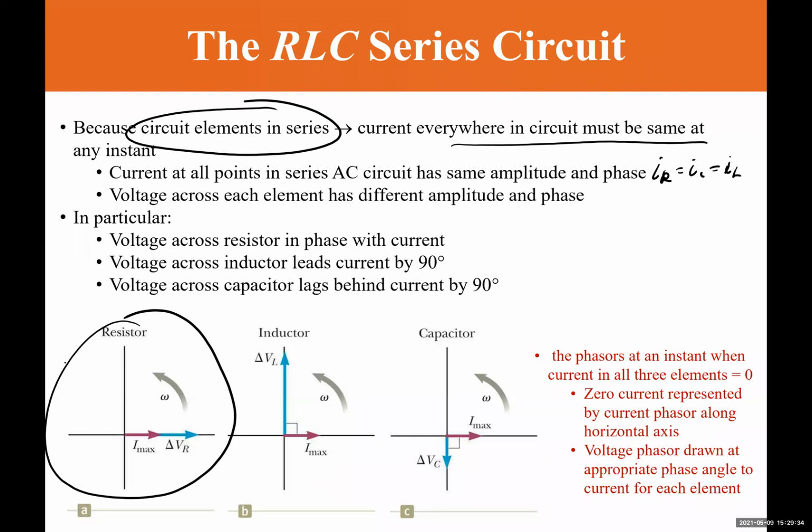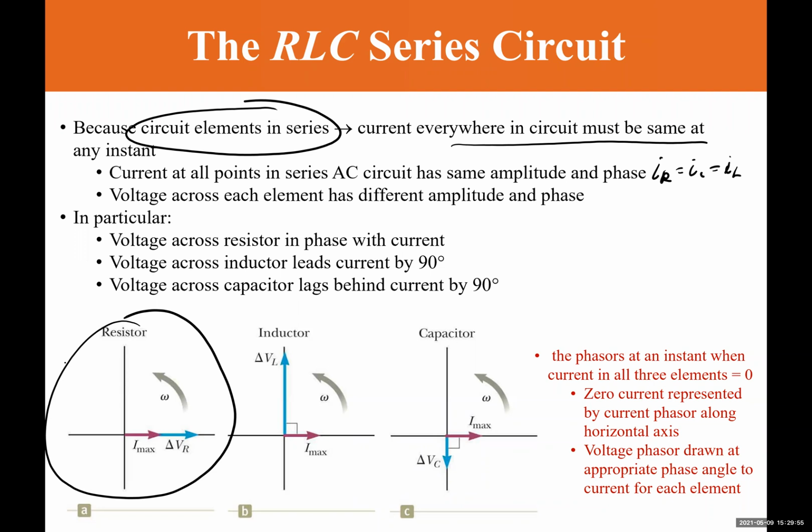Why? Because remember, in a resistor, voltage and current are always in phase. Taking the current to be in the positive x direction, and because it is the same current for all of them, each of those phasor diagrams has exactly the same current pointing in the same direction, and I max is exactly the same for all of them.